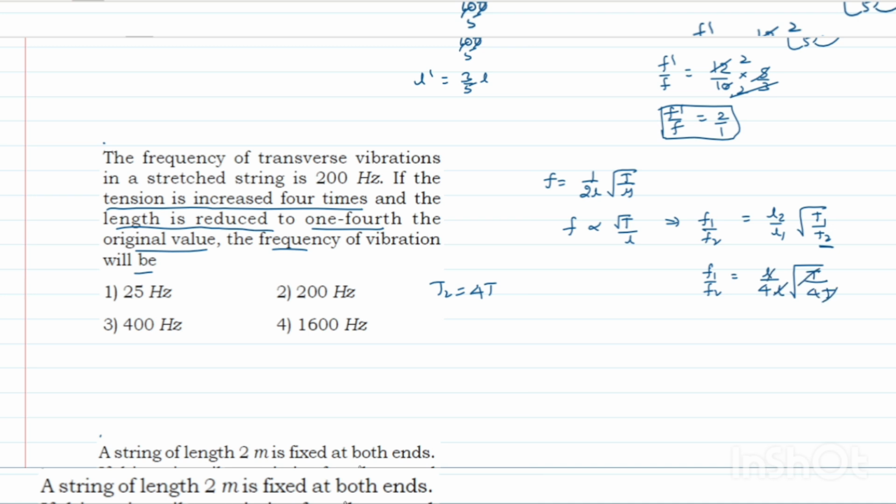TT gets cancelled, LL gets cancelled. Then F1 by F2 is 1 by 4 into 1 by 2, so F2 will be 8 times F1. The initial fundamental frequency is given as 200, so F2 is 1600 Hz.